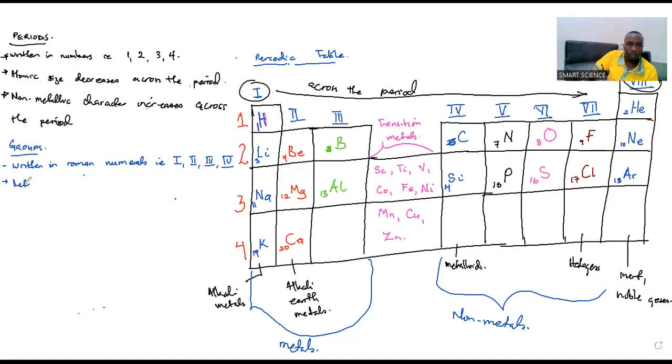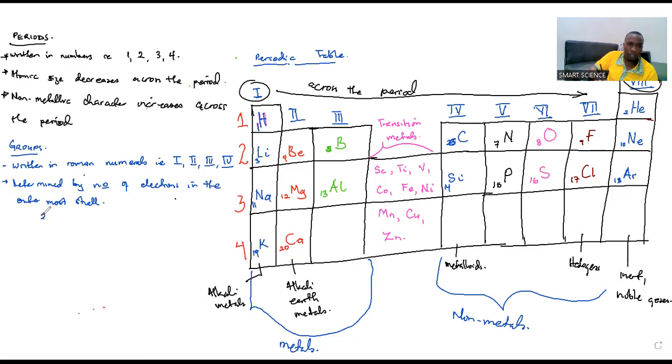They are going to be determined by the number of electrons in the outermost shell. For example, you have 1 electron in the outermost shell, you belong to group 1.